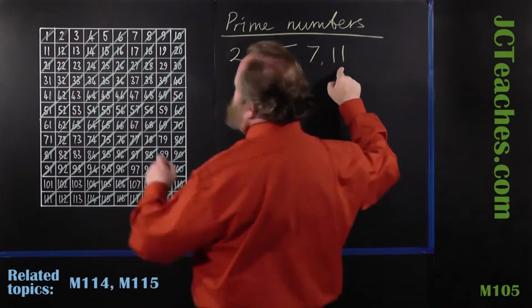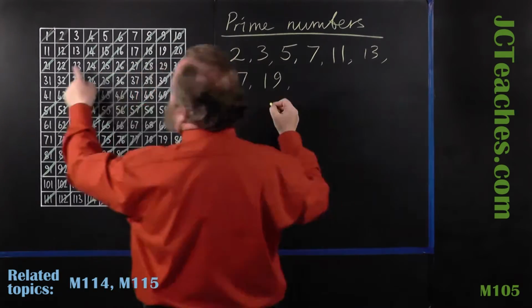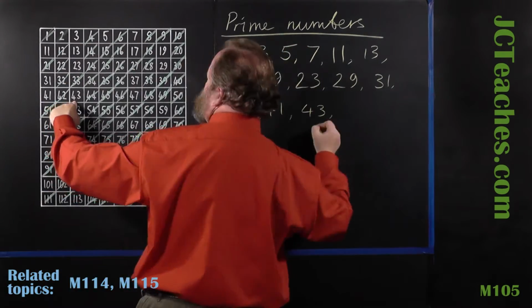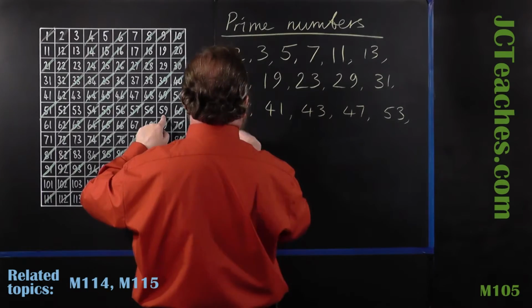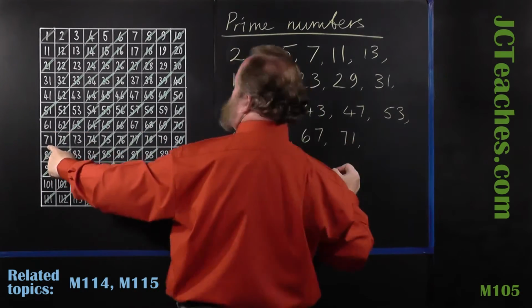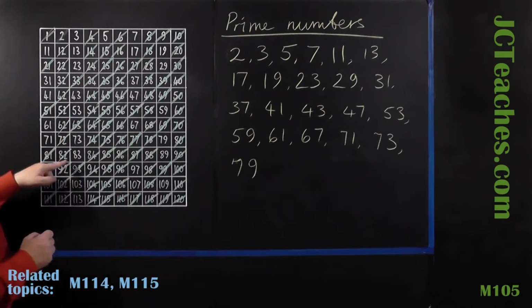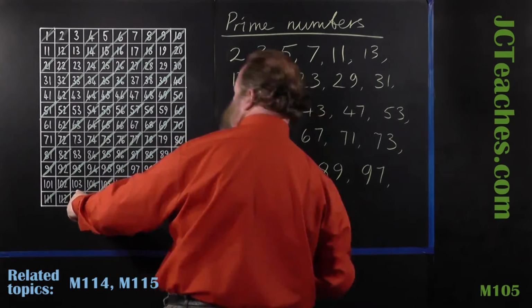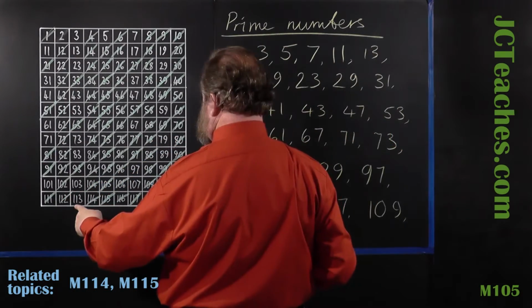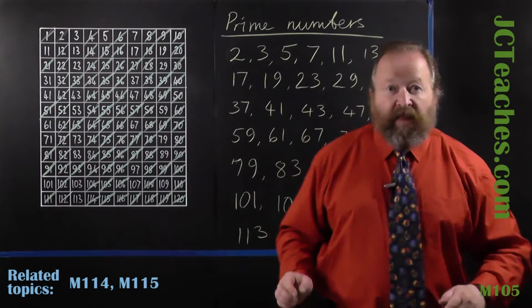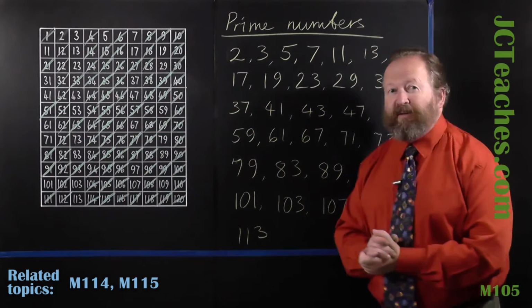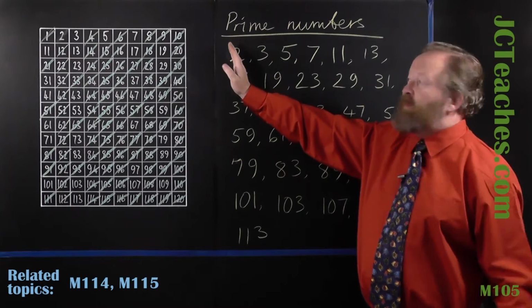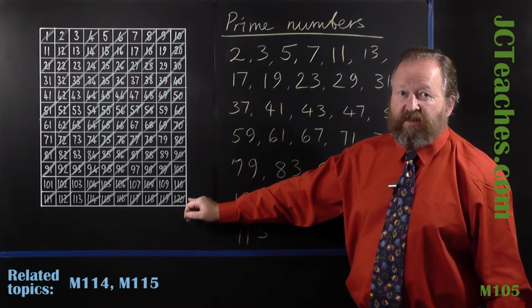So where did we get to? So, all being well, if we've done that correctly, or if I've done that correctly, these are the prime numbers up to 120.